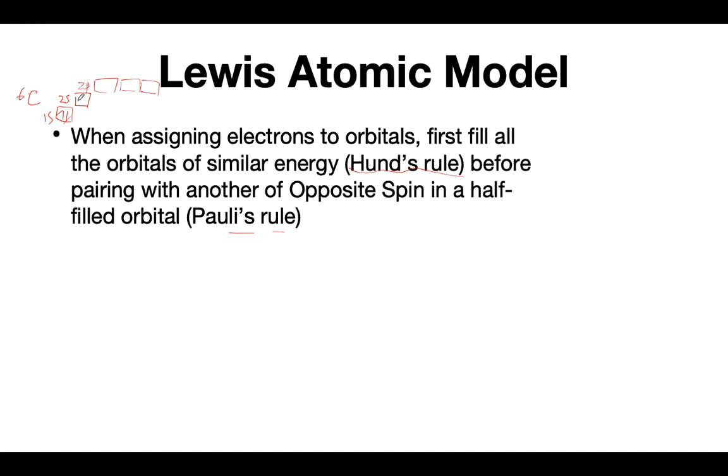In this case, we fill 2s like this, then you come to fill the 2p orbitals. Now you have 6 electrons in total, already used 4, so only 2 left. We follow the rule of orbitals of similar energy: first fill all of them, so you fill like this, instead of pairing them up. This will be the electron configuration of the carbon atom.